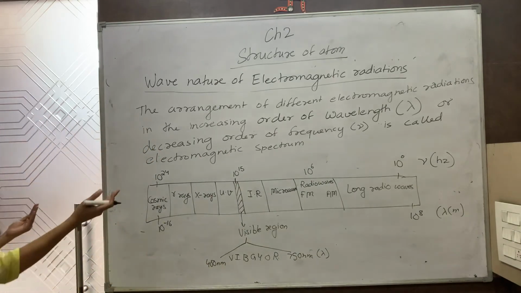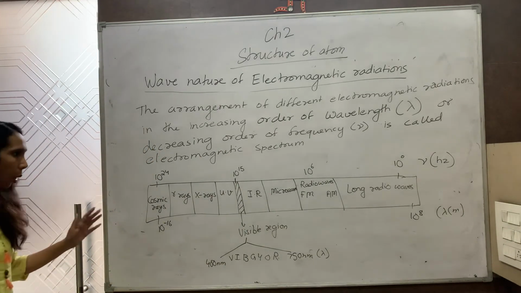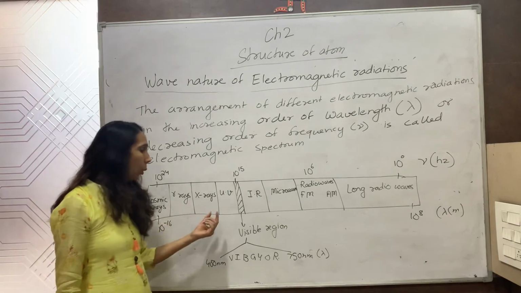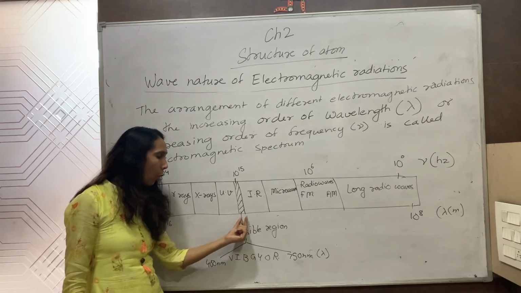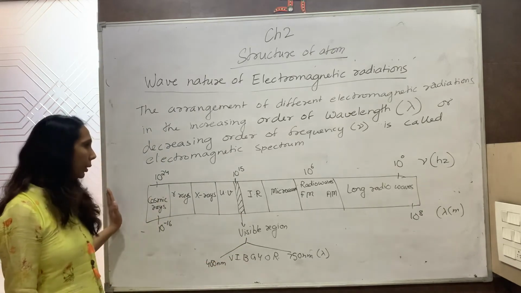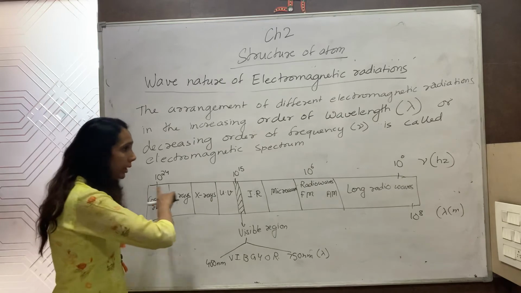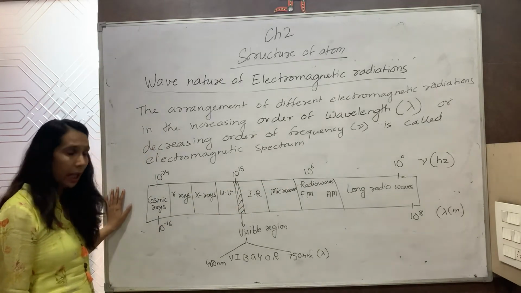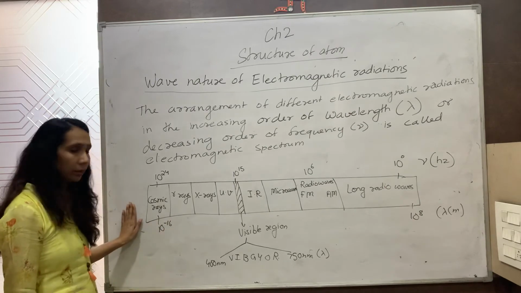All these waves have different properties, but our eyes can see only a very small region, the visible region. So these have been arranged in decreasing order of frequency and increasing order of wavelength.